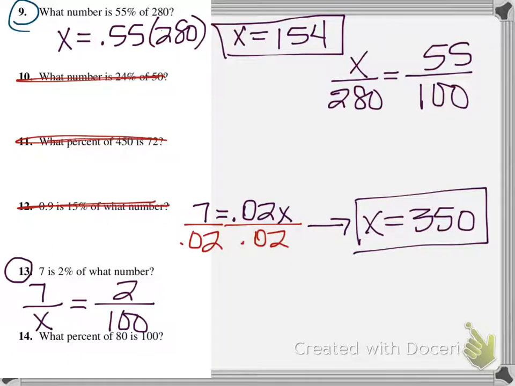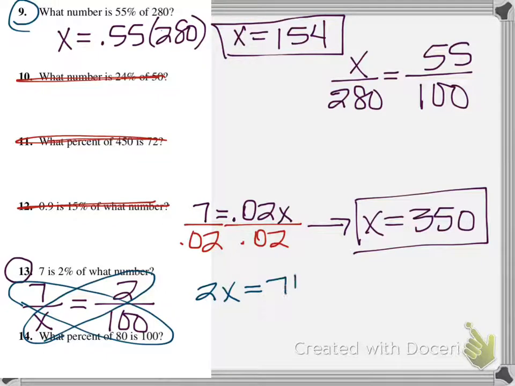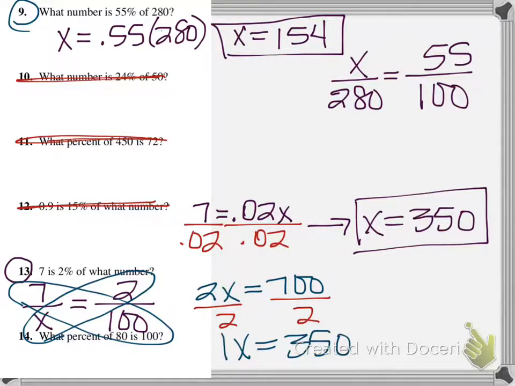If I'm using the percent proportion, then I would do cross products, so I would get 2x equals 7 times 100, 700, and I would divide both sides by 2, which also gets me 350. So again, you can solve it whichever method you prefer, whether it's the translating or the percent proportion.